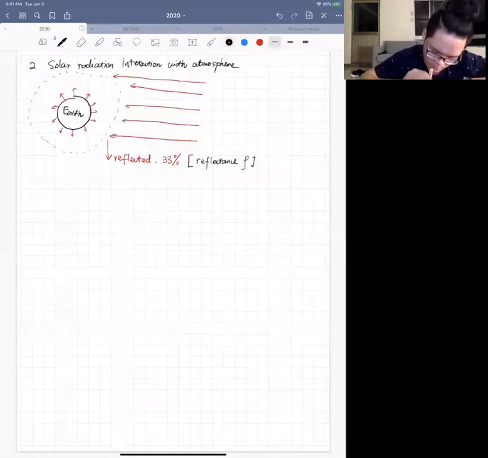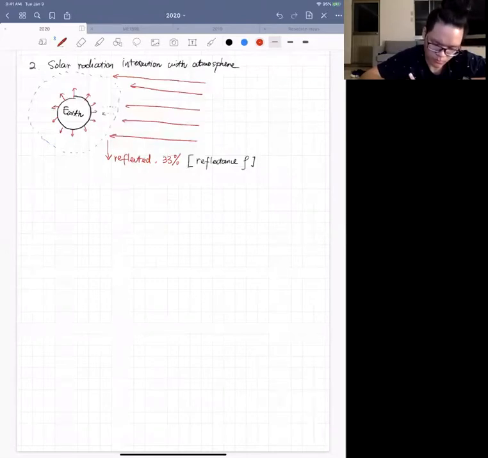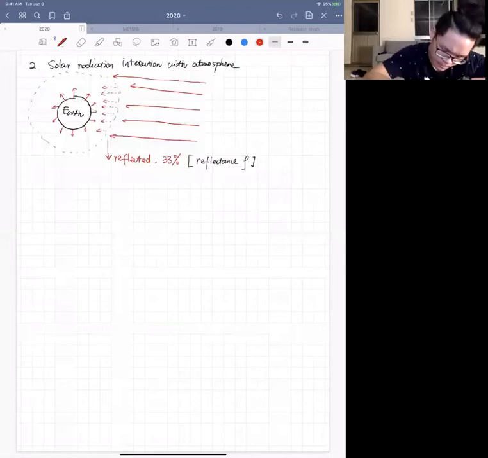Then the rest of the radiation is going to enter the atmosphere. But when it travels in the atmosphere, it is going to interact with the gas molecules, with water vapor molecules, for example, CO2, nitrogen, oxygen. These gas molecules can absorb the incoming solar radiation.